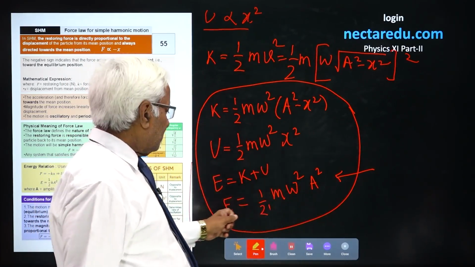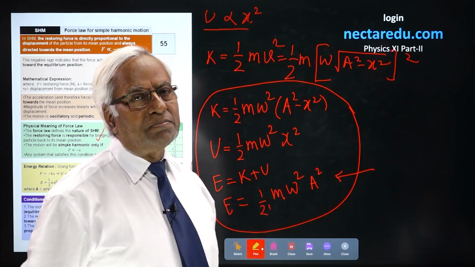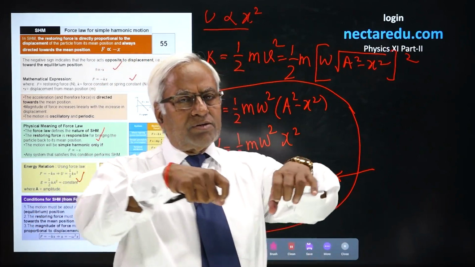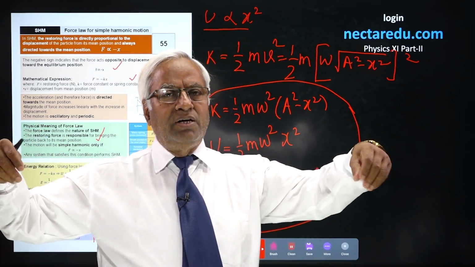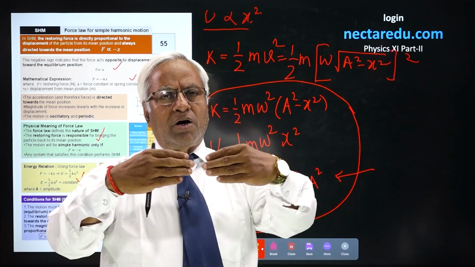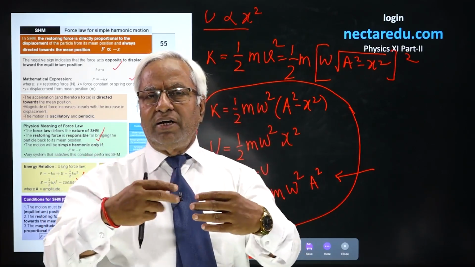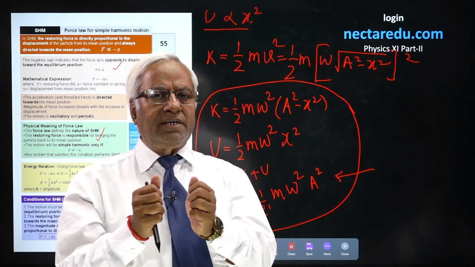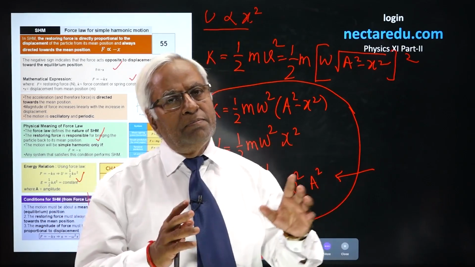You could say this is independent of displacement. What does it mean ultimately? It simply means that it remains constant throughout. Total energy in simple harmonic motion is going to remain constant, whereas the kinetic and potential will go on changing regularly. In the mean position, kinetic energy will be maximum. In the extreme position, potential energy will be maximum.